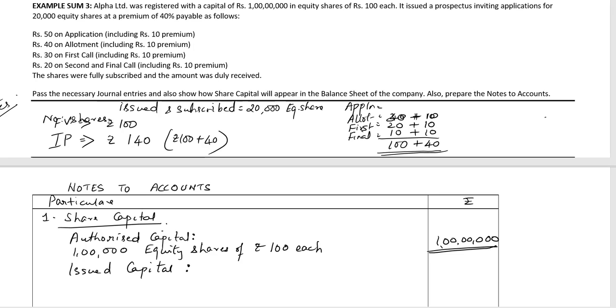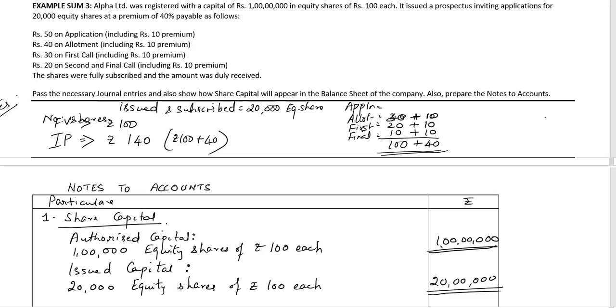Next is the issued capital. The number of shares which have been issued is 20,000 equity shares of rupees 100 each, totals to 20 lakh rupees. And a double underline.